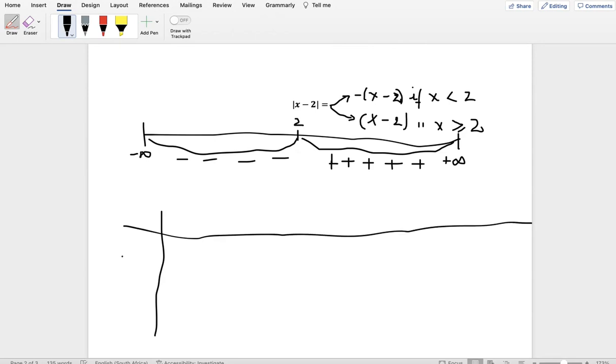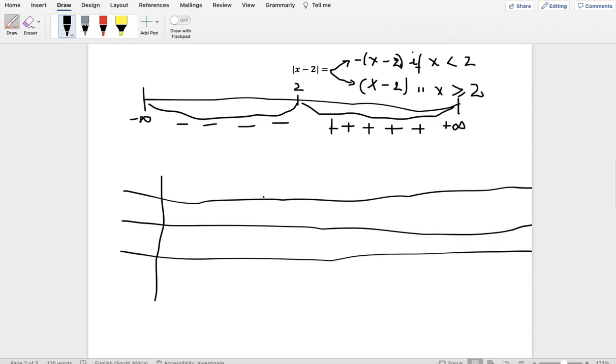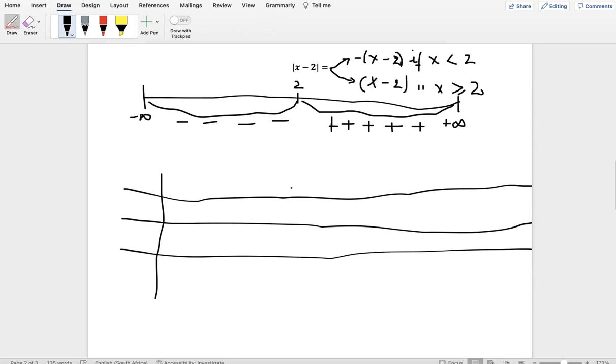We have our x plus 1 in the first one, our x minus 2 there, and we have our first significant number there, and our second significant number.